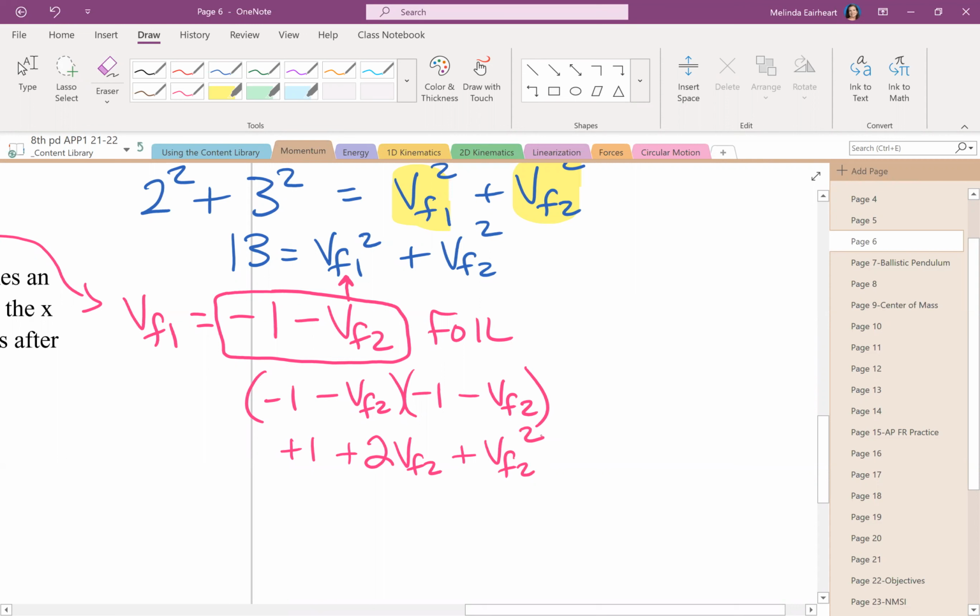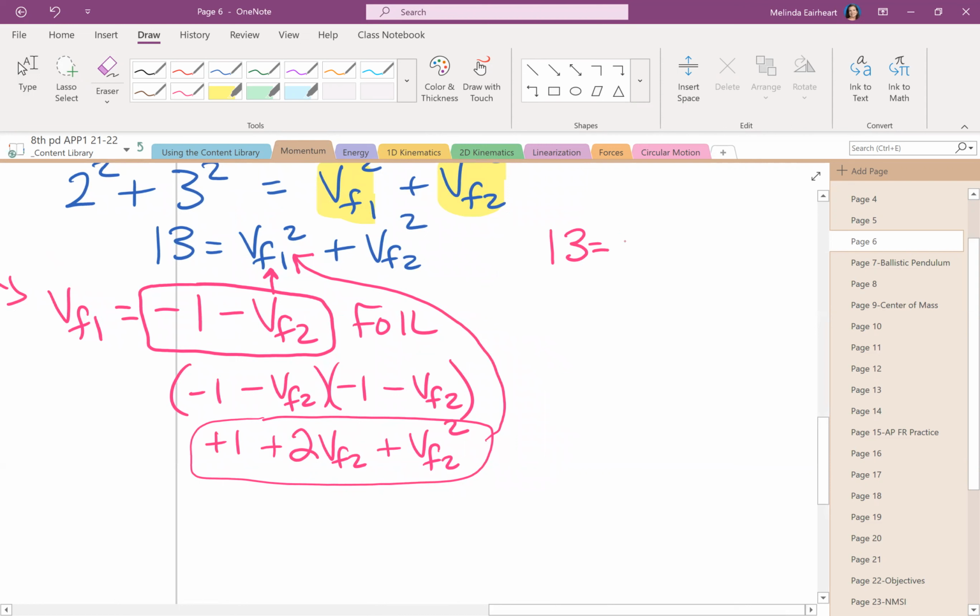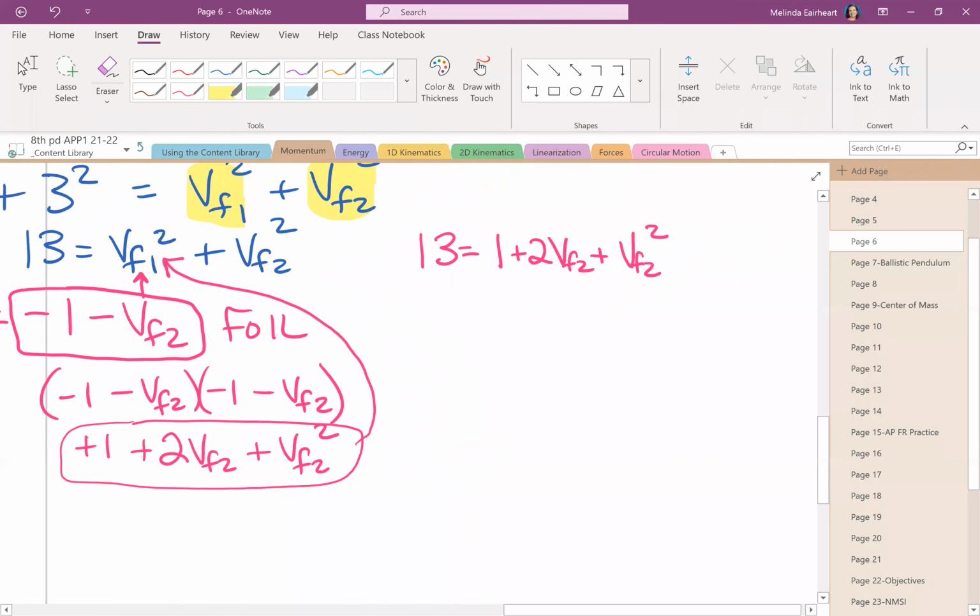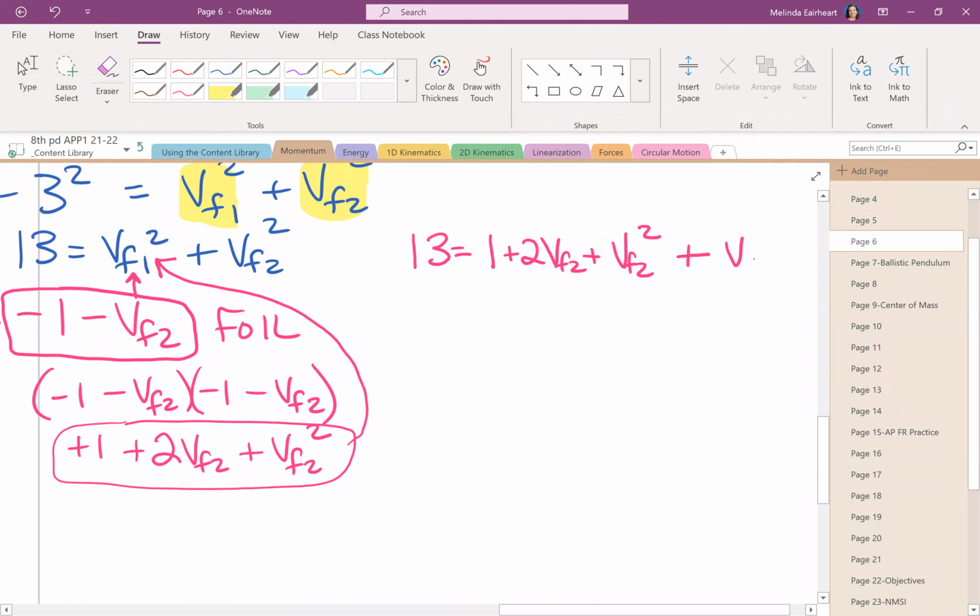And this is the squared value of VF1. And so I'm going to slide to the right. 13 equals 1 plus 2 VF2 plus VF2 squared. But don't forget the other VF2 squared. So that's with it substituted in.